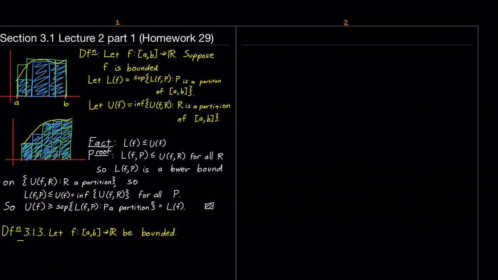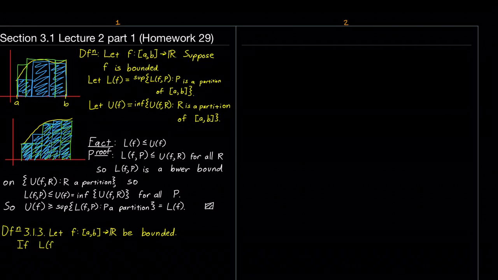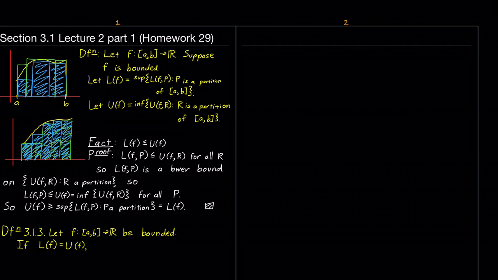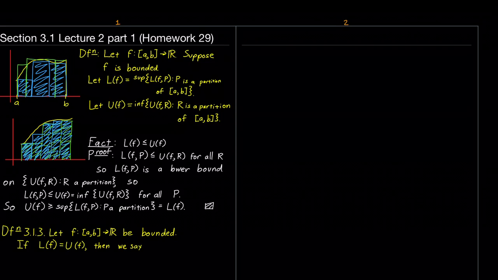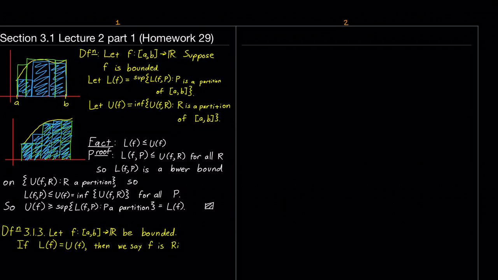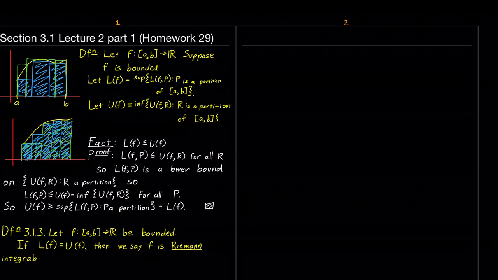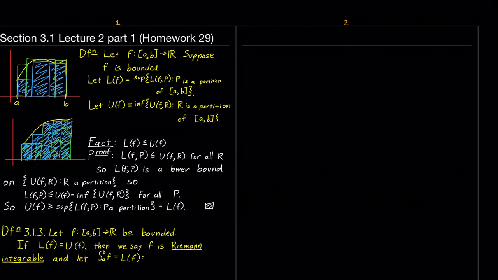And then we say that if the lower integral, L of f, which is sometimes called the lower Riemann integral, and the upper integral are equal to each other, then we say that f is Riemann integrable, and we let this thing, the integral from A to B of f, be L of f or U of f.